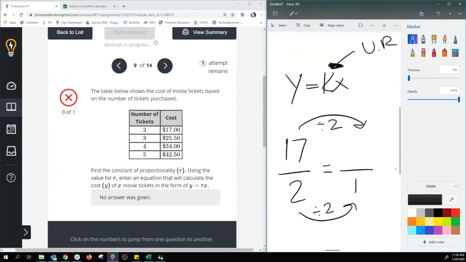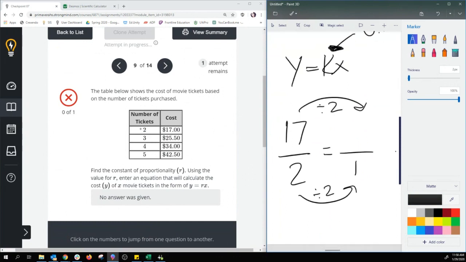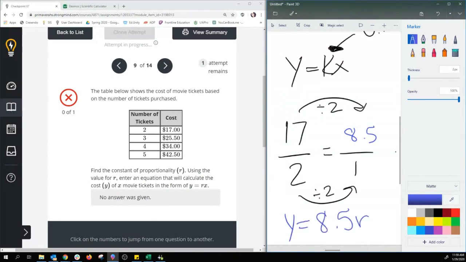So 17 divided by 2 is what number? $17 divided by 2. 8.5, perfect. Which means that I pay $8.50 for every 1 ticket. So the equation that I'm going to type in here is Y equals 8.5 R.